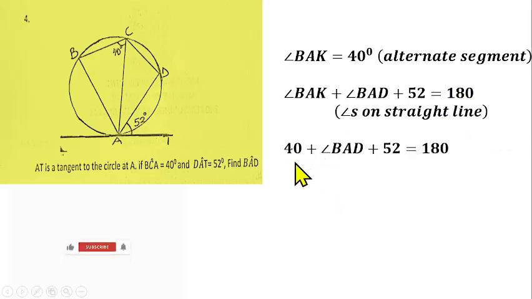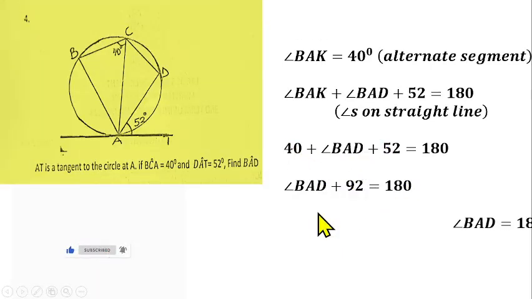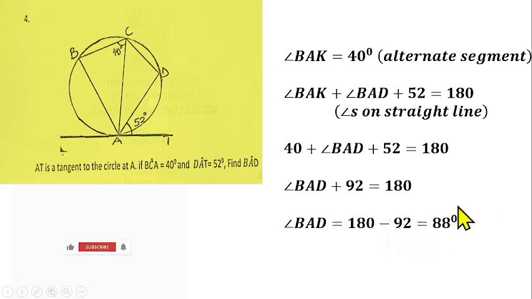So 40 plus BAD plus 52 equals 180, collect like terms. That gives BAD plus 92 equals 180, since 40 plus 52 gives 92. So BAD will be 180 minus 92, that gives us 88 degrees.